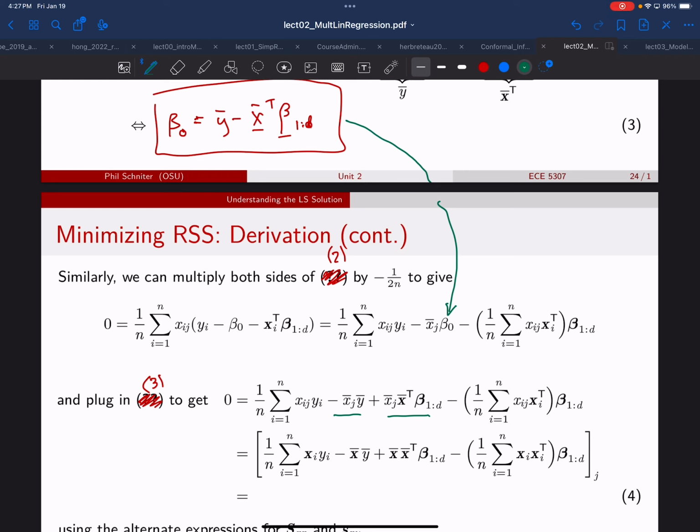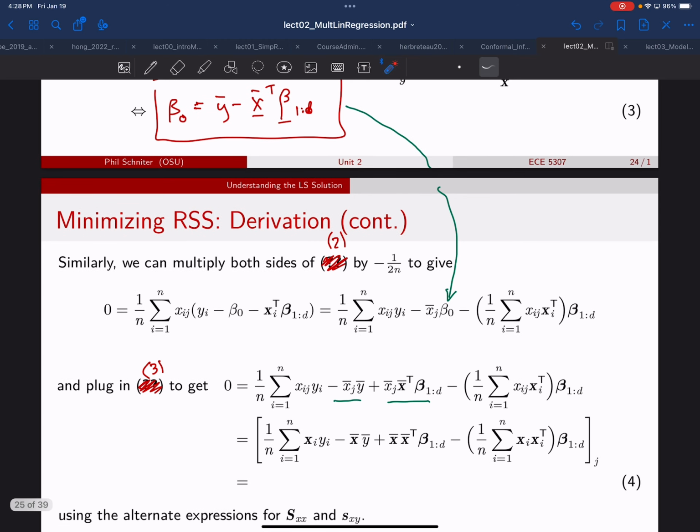And things are starting to seem a little familiar, except they're a little bit messier because we have some terms that have both i and j indices, other terms have only j, other terms have only i. So that's why this is a little bit complicated. The key here is to remember that this is just a scalar quantity, everything here. So we can think about this as the jth term in our xi vector.